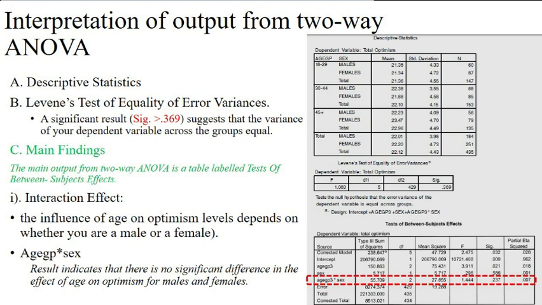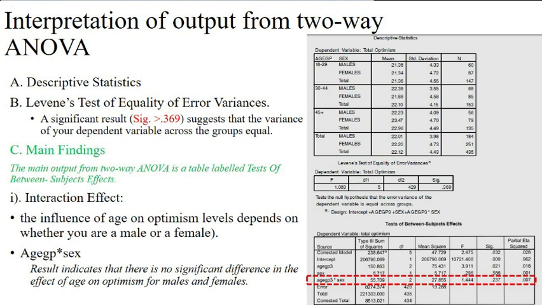For example, in the age group of 18 to 29, the males' mean is 21.38, the females' mean score is 21.34, and the number of males is 60 and females 87, and you can just see the rest of the groups. So this is the descriptive statistics. We can explain this while explaining the results.